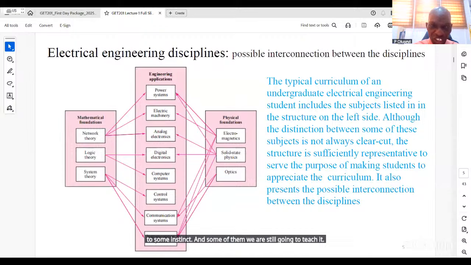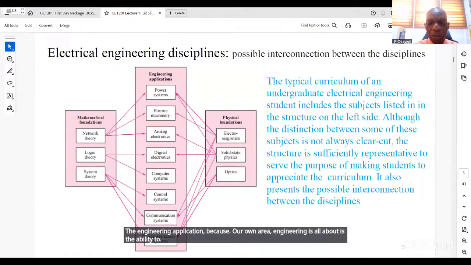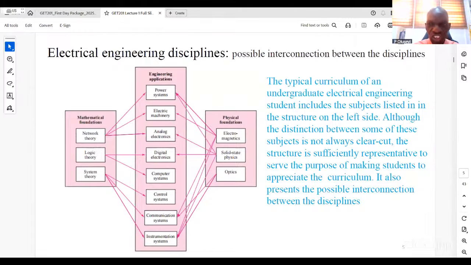The engineering application, because our own area, engineering, is all about the ability to apply the knowledge of science to generate comfort for humanity. I don't know whether you got that right.